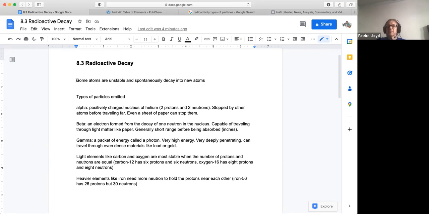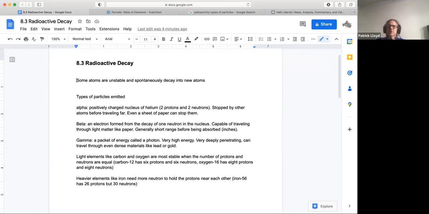If you take a helium nucleus, helium is element number 2. It has 2 protons. And then there's an isotope of helium that has 2 neutrons. So 2 protons and 2 neutrons. We call that helium-4. That's called an alpha particle. It's positively charged because it doesn't have any electrons in it when it escapes the atom.